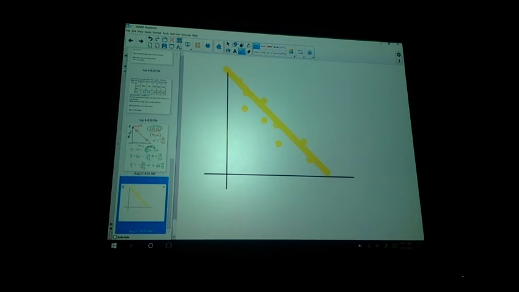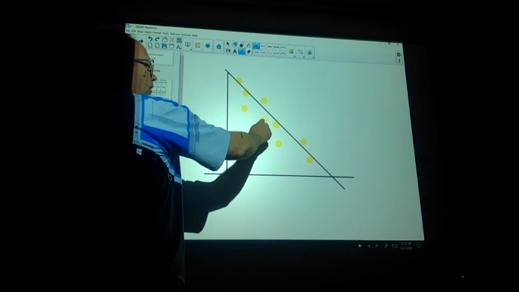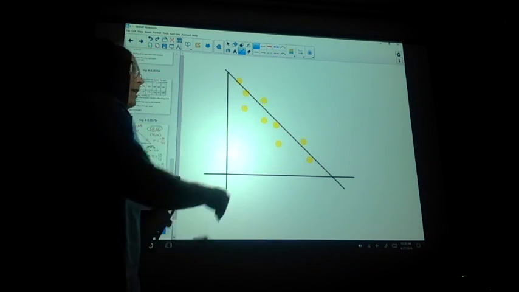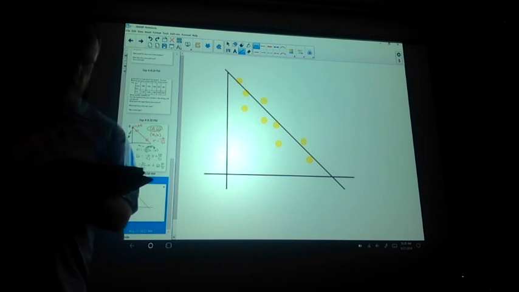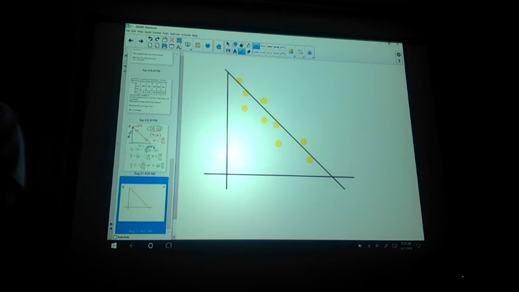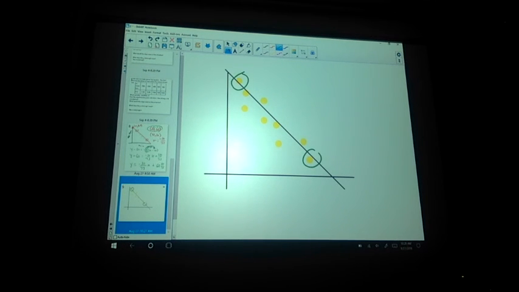Of course, it didn't work the way I wanted to. Just can't have nice things these days. So here's my line of best fit. If someone were to pick this point and this point, you almost have a vertical line. So that's not really the best way to do this. So in science, I'm pretty sure they would have asked you to do it this way. Find 2 points that are pretty close to your line that are far apart.